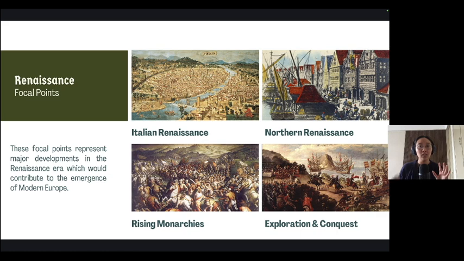So, in order for us to represent all of these things and sample them, I have chosen the typical topics, the Italian Renaissance, the Northern Renaissance, and then added rising monarchies or absolutism, and the age of exploration and conquest. We're just going to cover these in quick notes because we have many more topics to go through, but at least we have a sample of what the era looked like.